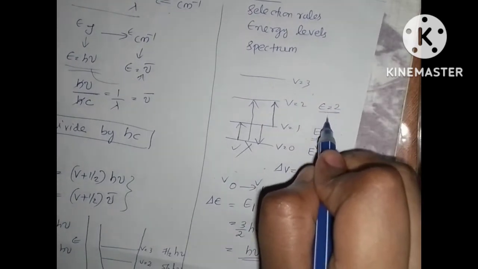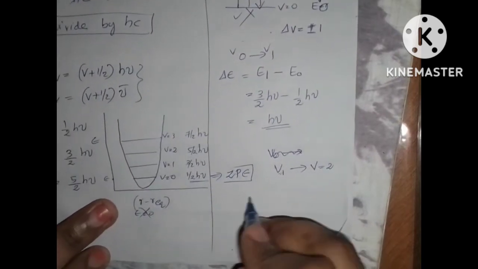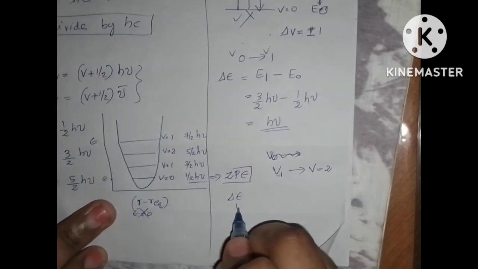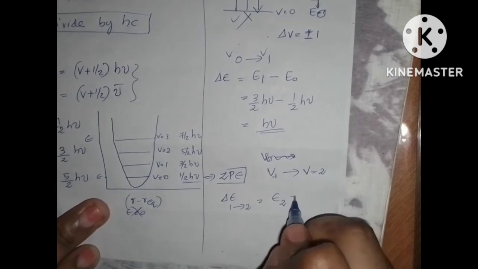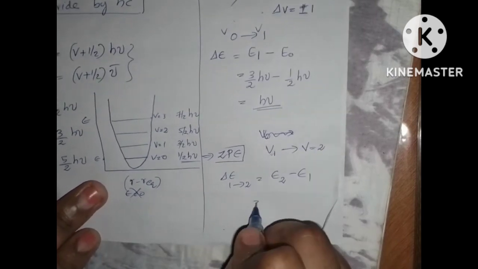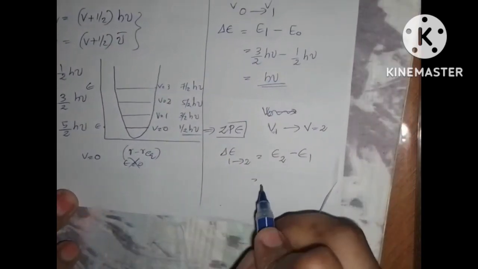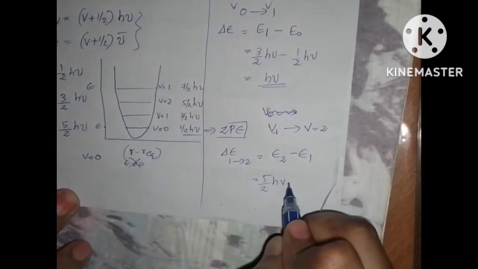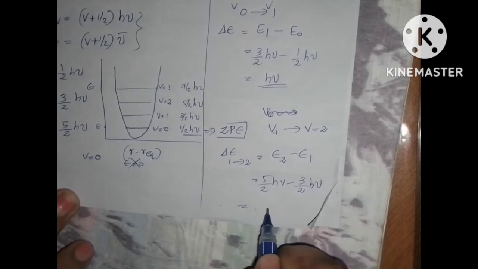The difference will be the energy for this transition. So delta E for 1 to 2 will be equal to the energy of E2 level minus the energy of E1 level. The energy of E2 level is 5 by 2 h nu, and for E1 level 3 by 2 h nu. So again we get h nu.